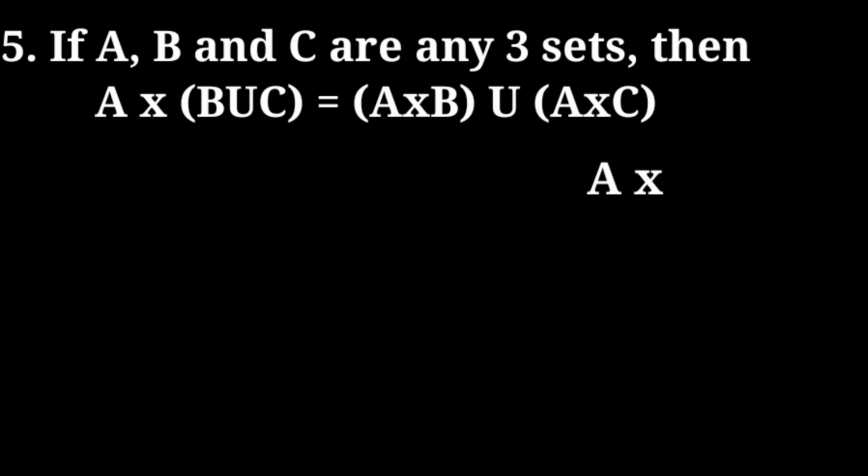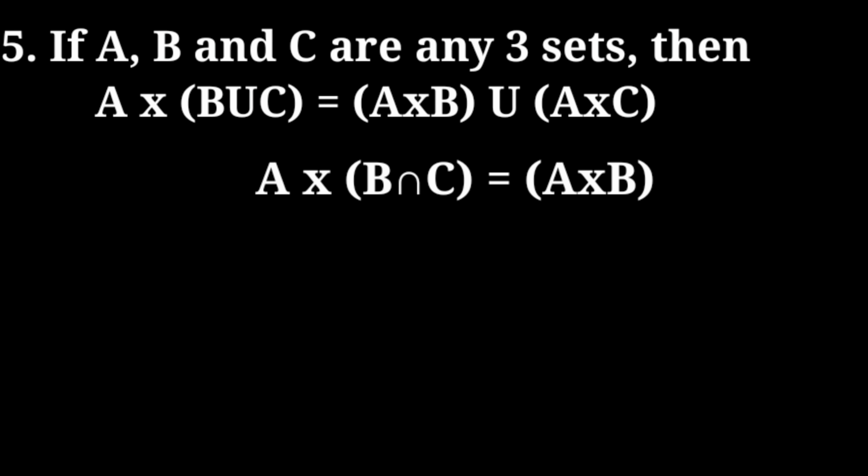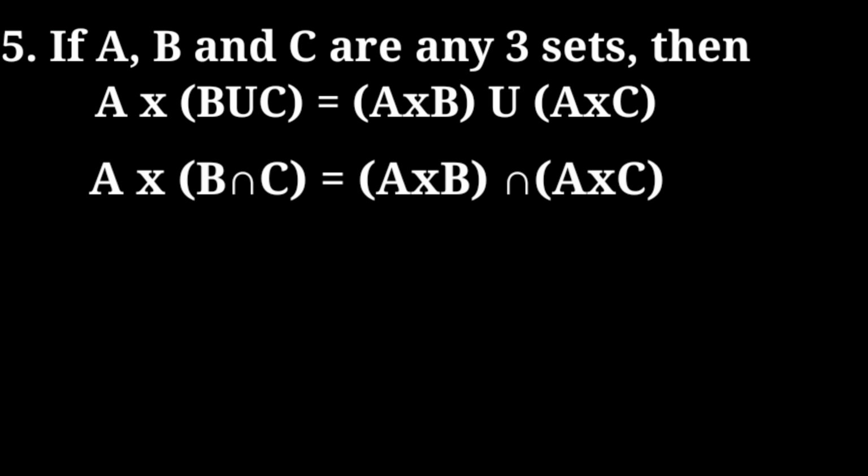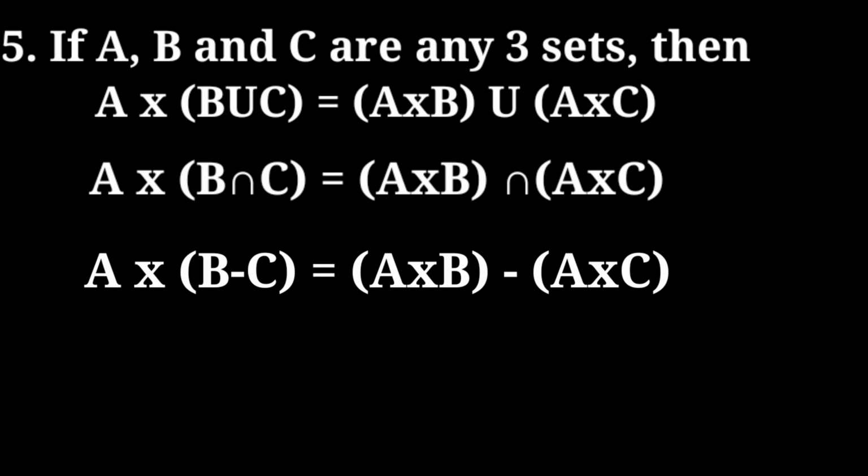That is, A cross of B intersection C is equal to A cross B intersection A cross C, and also A cross of B minus C is equal to A cross B minus A cross C.